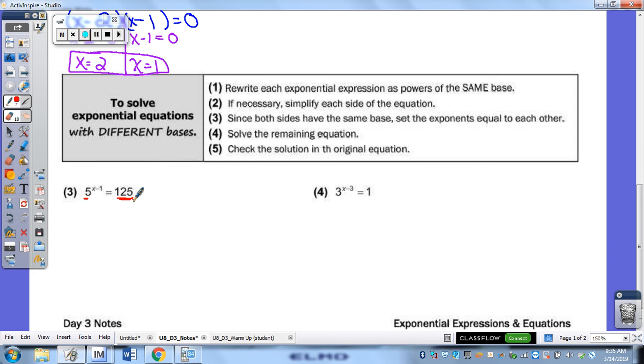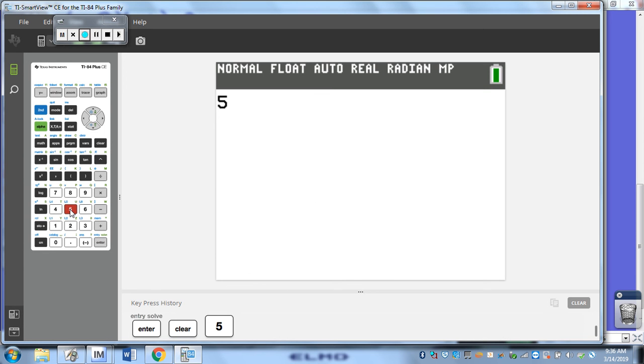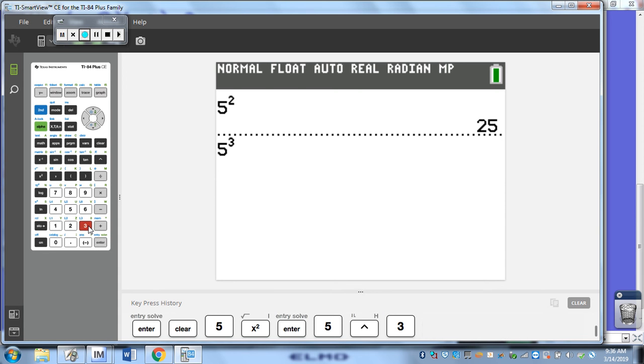So what I have to figure out is, can I rewrite my 125 so that it's 5 to some kind of exponent? Probably. So let's see here. 5 squared, well, I already know that's 25, so it doesn't work. So then I'm going to try 5 to the third. There you go.